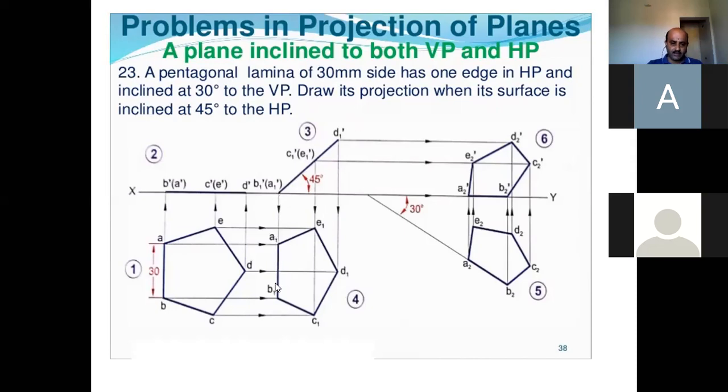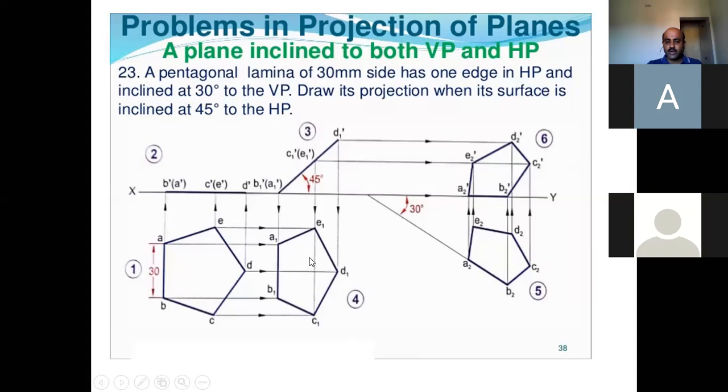You have to continue like this, drawing the vertical and horizontal projectors, and the intersection of the vertical projector with the horizontal projector, the corresponding point you need to mark. So A1, B1, C1, D1, and next you can join all these with a thick line. This is what we call the top view in the second position.